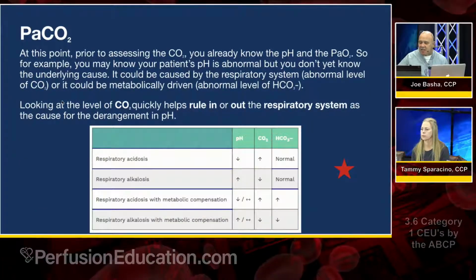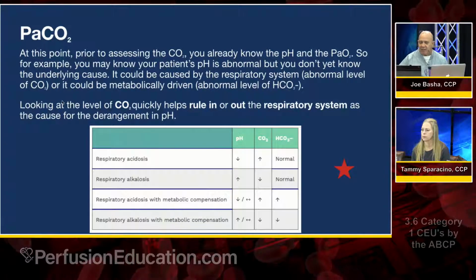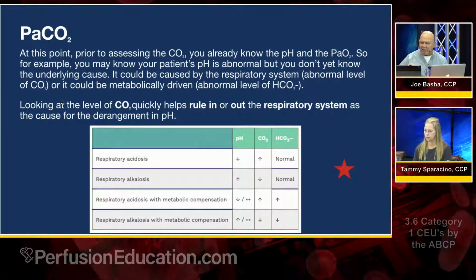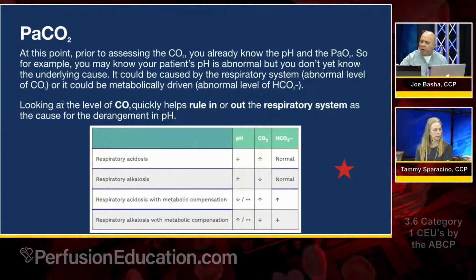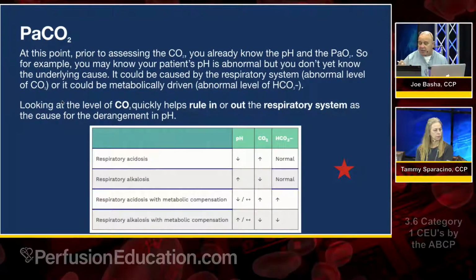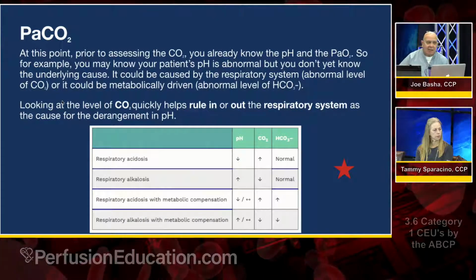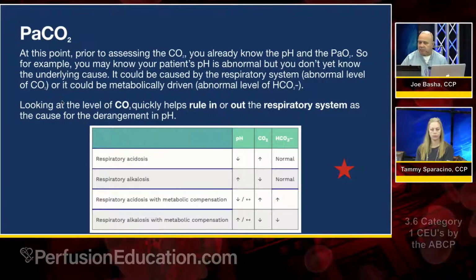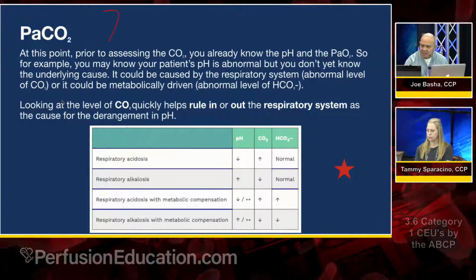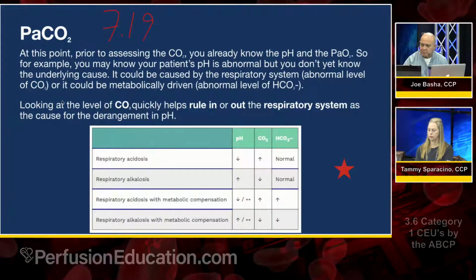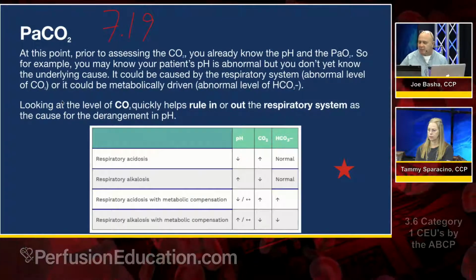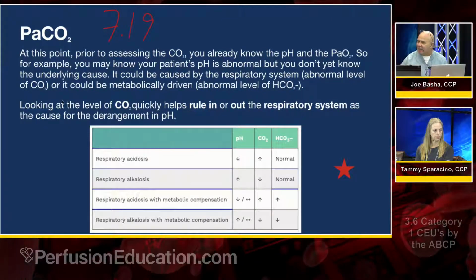So, PaCO2, and I put a star right there because I want to tell you, and I mentioned this just the other day. When I get a call, or I call somebody, or somebody calls me and says, the pH is 7.19. That's good, but that's just not enough.